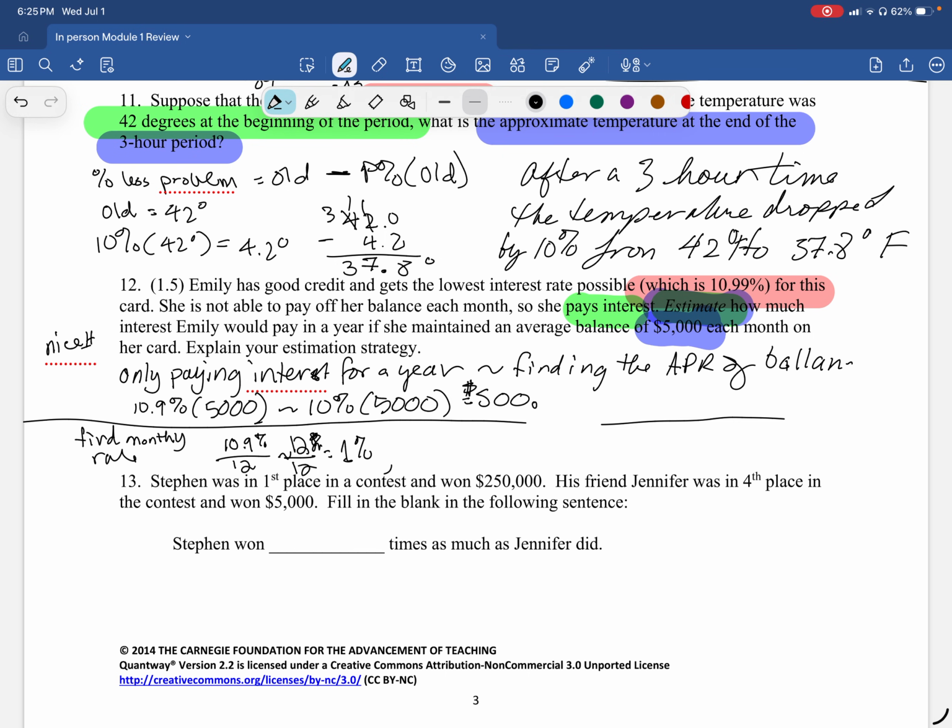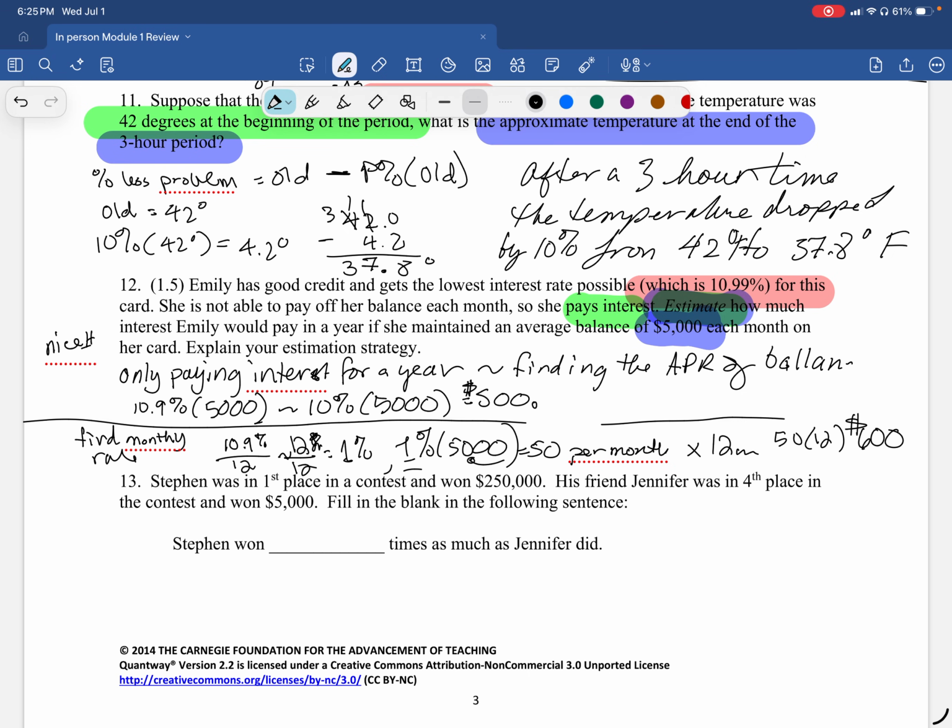Then we find 1% of 5,000. Now this is moving the decimal 2 spots, and we get 50. And that's per month. Then we're going to times that by 12 months, and we get 50 times 12, which is 600. So those are two possible strategies for solving, and both are valid. It depends on how you round it.